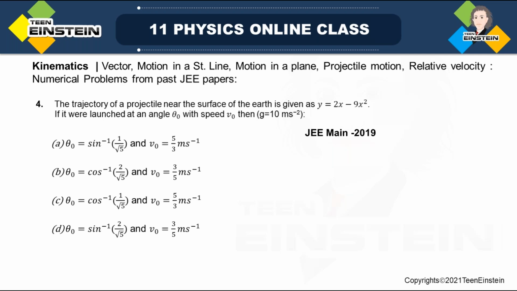So here, there is a problem from 2019, that the trajectory of a particle near the Earth's surface, near the Earth's surface means g can be taken as 10 meter per second square or 9.8 meter per second square, is given as this. So this is the equation of trajectory. Okay, the equation of trajectory is given.